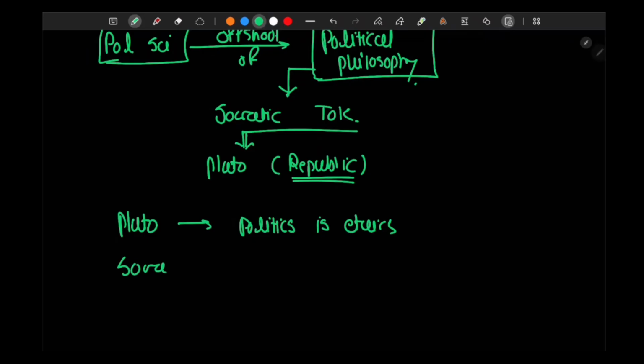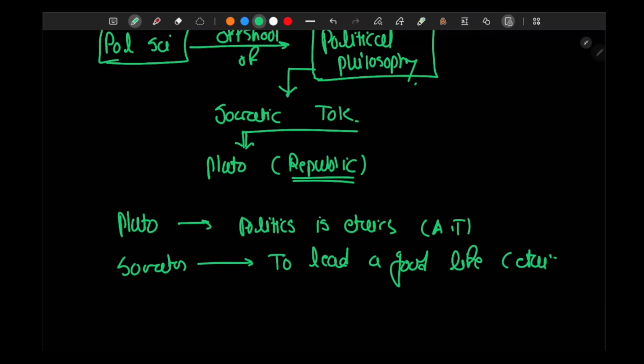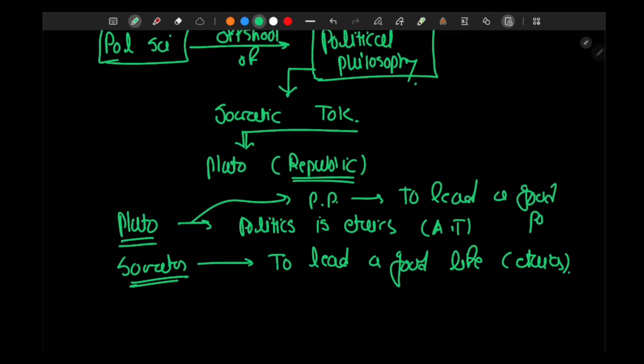This is also seconded by Aristotle. Socrates says that why to study something or why to do something is just to lead a good life, right? This conception of ethics as given by Socrates was changed by Plato to political philosophy, to lead a good political life.